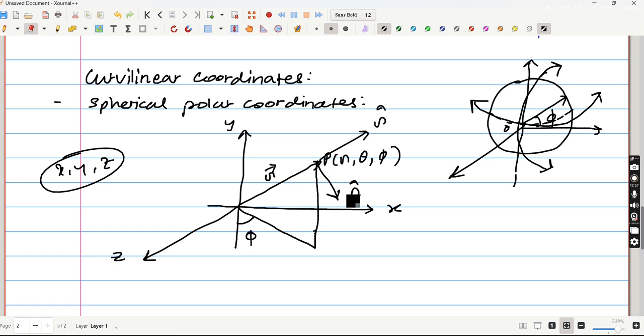So the ball will move like this, horizontally. Then we can extend the axis like this.